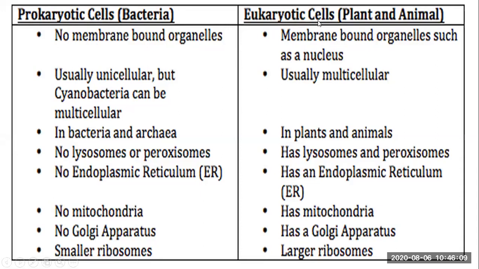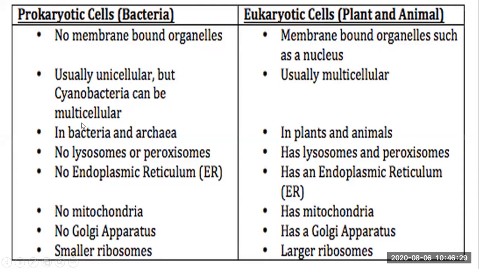Most of the organelles are membrane-bound. Usually prokaryotic cells are found in unicellular organisms, but cyanobacteria is one exception, which can be multicellular, and most eukaryotes are multicellular.